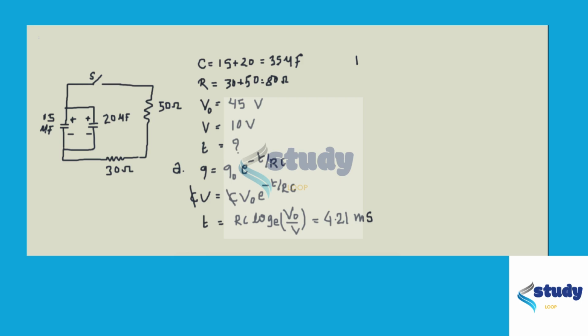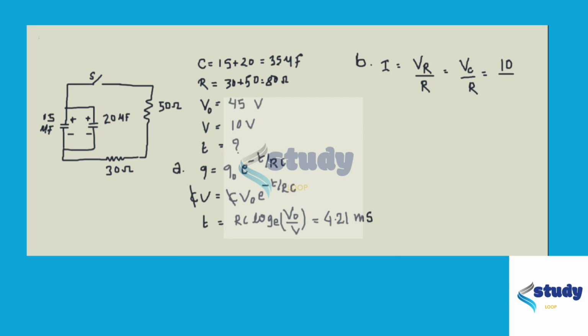Now let's do part B. What will be the current? It's pretty easy. The voltage across the capacitor is the same as the voltage across the resistor. So the current I equals VR upon R. Now VR is equal to VC, so I can write that as VC upon R. VC, the voltage across the capacitor, is 10 volts.